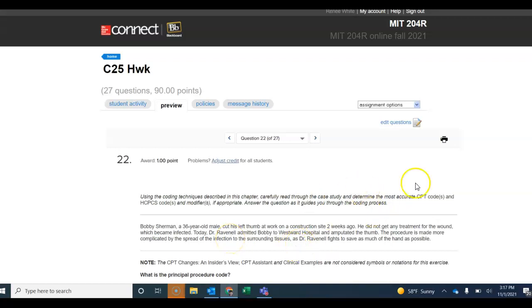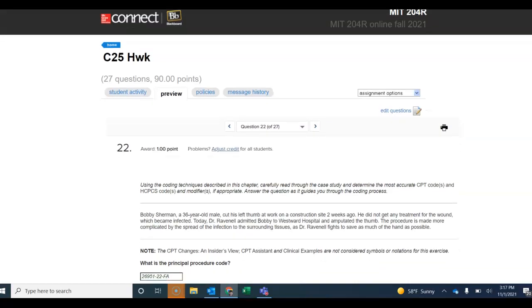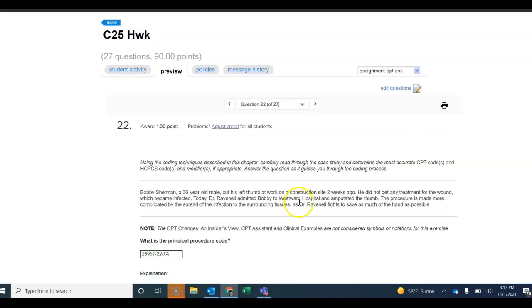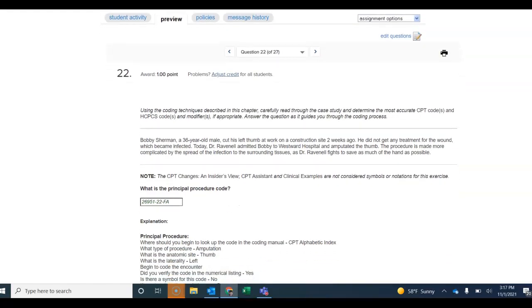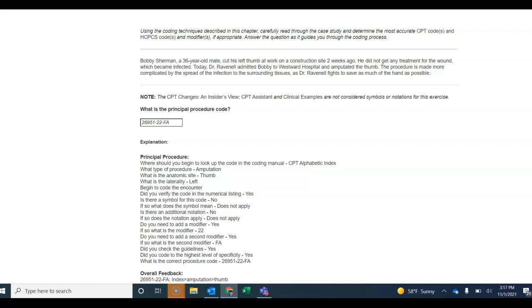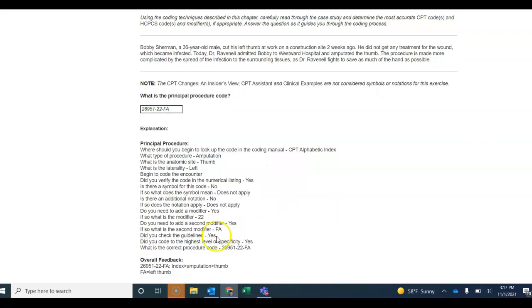So we're going to have another modifier for a complicated procedure. Here's our 22 for the increased procedural service, and then the FA is the modifier for the left thumb.